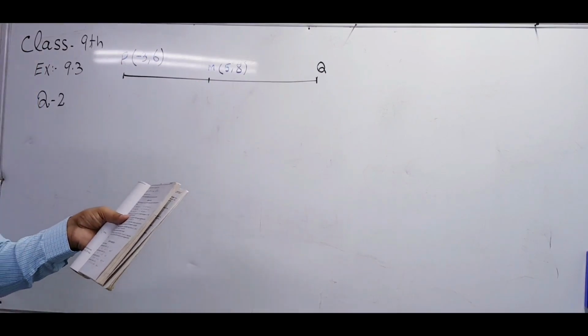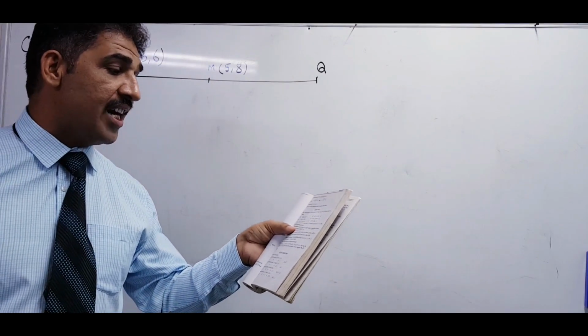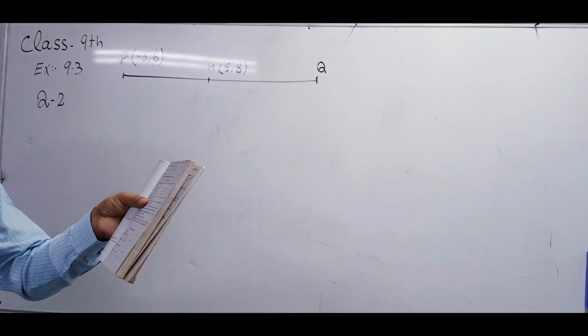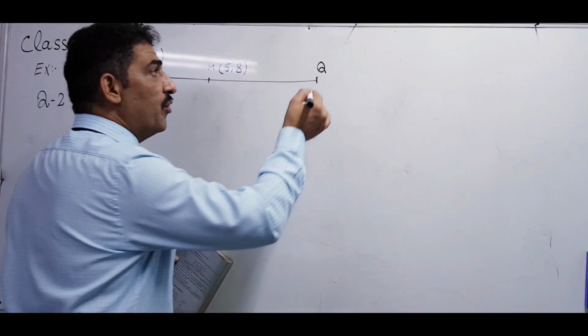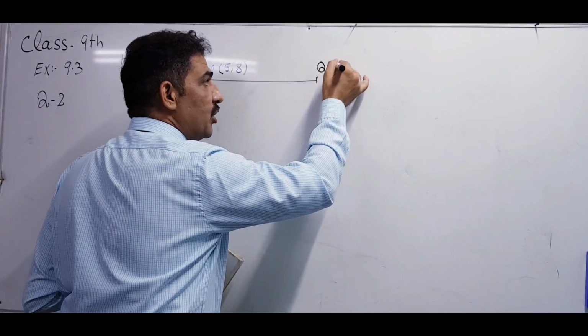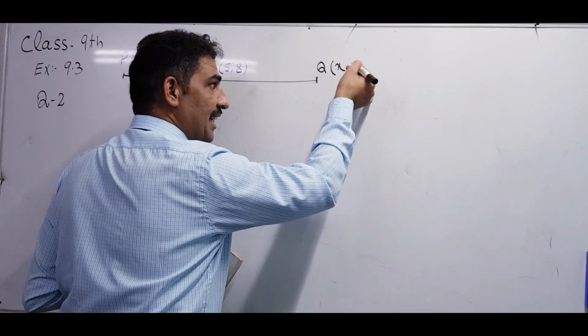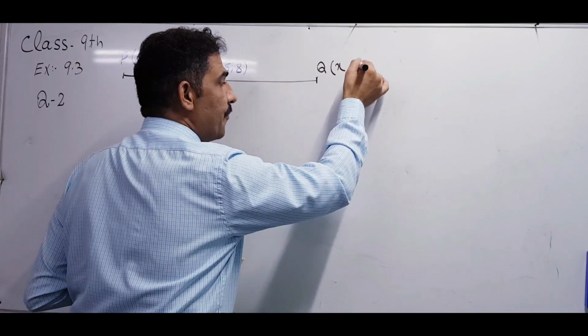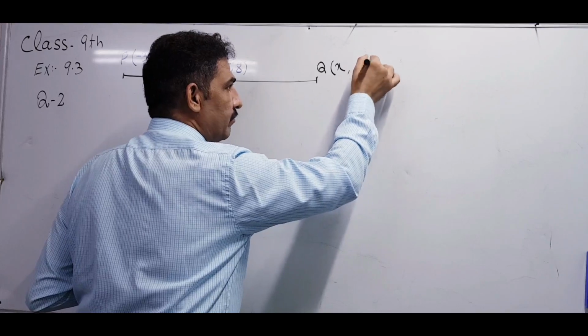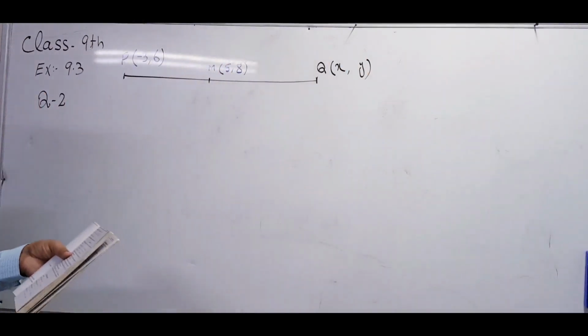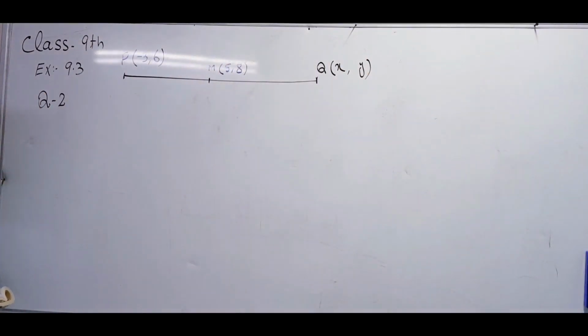Okay, find the coordinates of the end point Q. We have to find the coordinates of end point Q. It means that we need, let this be X and this be Y, the XY coordinate. We have to find out the value of XY.